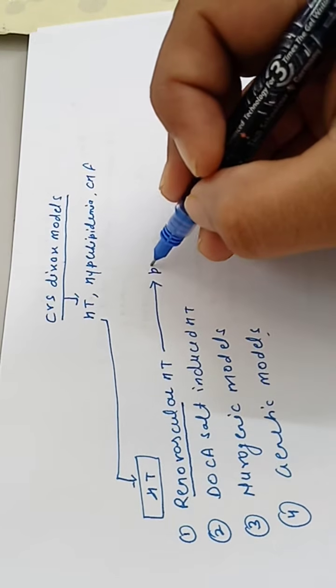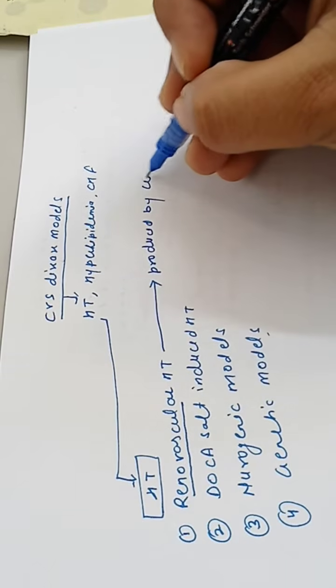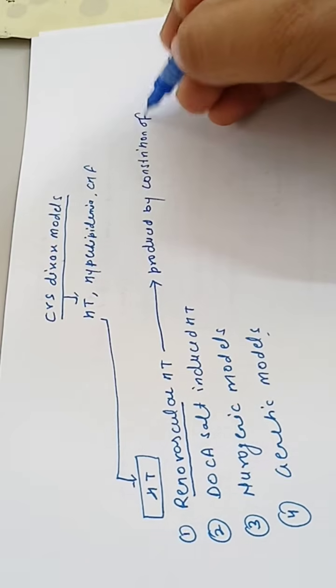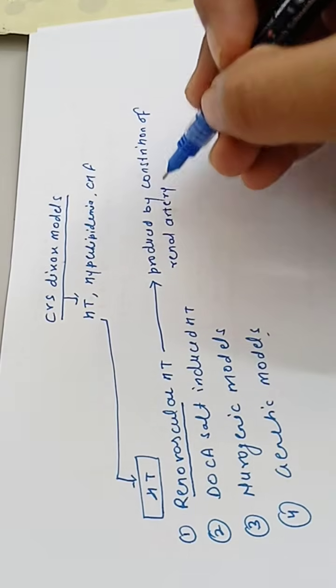So this hypertension in animals is produced by constriction of the renal arteries.